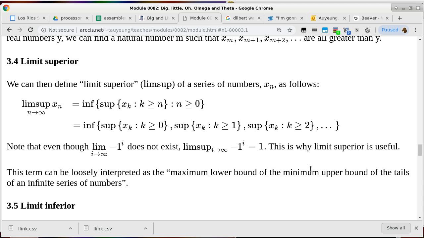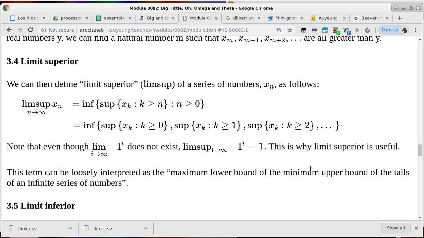What about when n equals 1? Because n is greater than or equal to 0 is really just a condition to limit what kind of values can apply to n. So when n equals 1, we are looking at the supremum of x of k, where k is greater than or equal to 1. What does that mean? We are taking the minimum upper bound of x1, x2, x3, x4, and so on, but we are excluding x0. x0 is no longer included in this element. Is that okay?